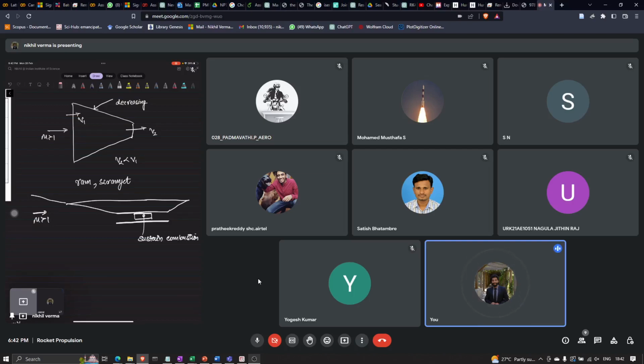In order to do that, we have a converging section, which reduces the velocity. So these are used in the inlet of ramjet and scramjet engines.